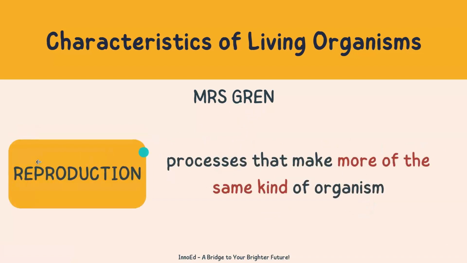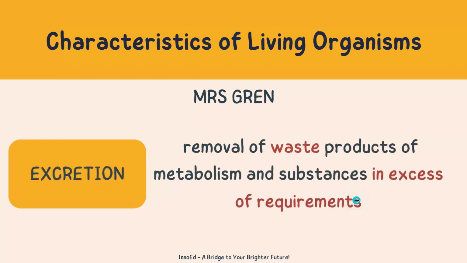R again. So R means reproduction here. Reproduction is processes that make more of the same kind of organism. It must be the same kind. So this phrase is really important for the mark. E stands for excretion.